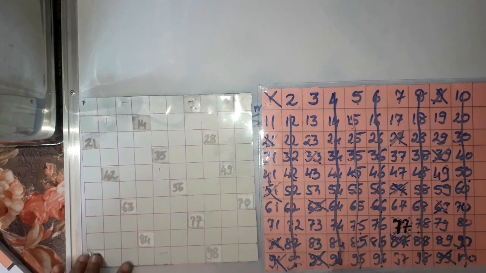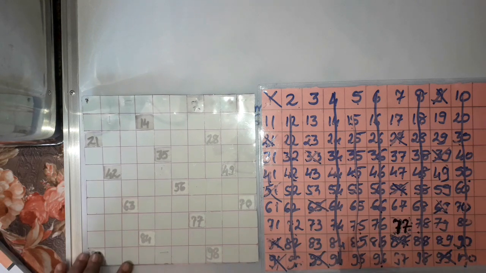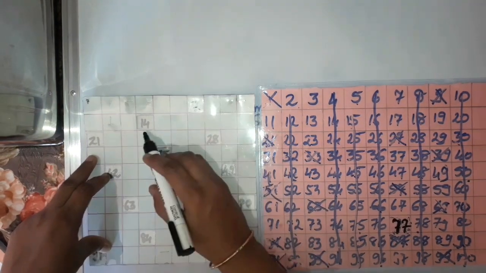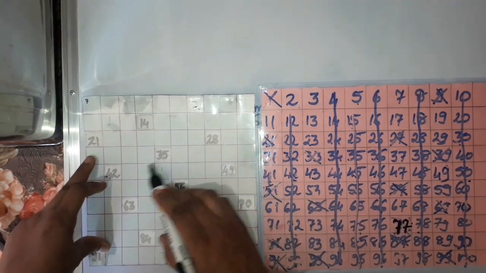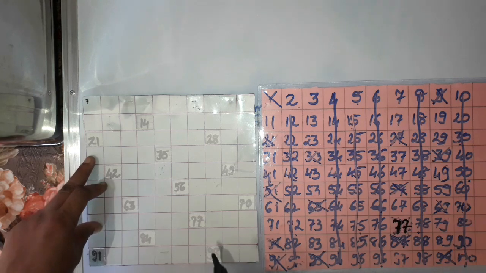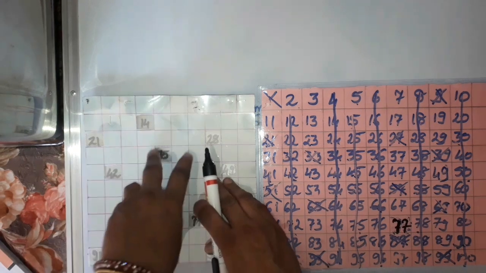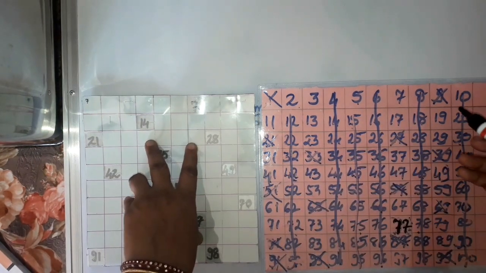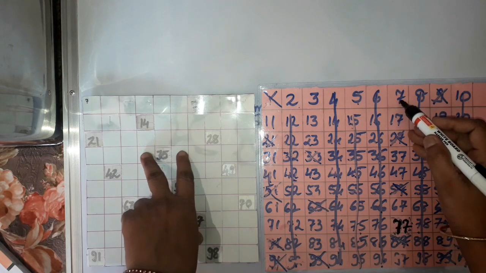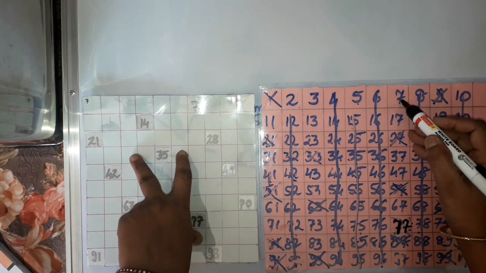from the remaining numbers we will cancel off the multiples of 7. Here you can see multiples of 7: 7, 14, 21, 28, 35, 42, 49, 56, 63, 70, 77, 84, 91 and 98. So these numbers we will find from here and cancel them out if required. 7 is already a prime number because it has two factors, 1 and 7.